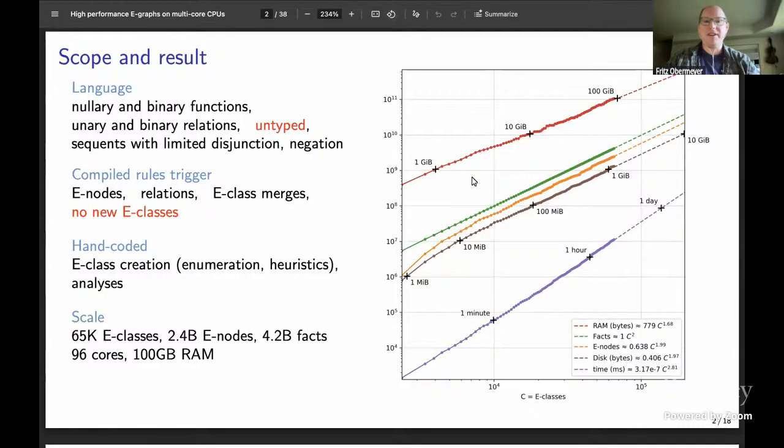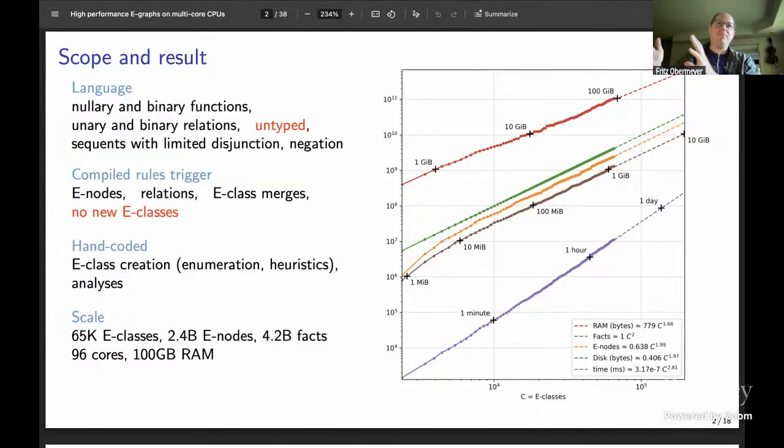Okay, so let me just start out with the limitations of this system versus egglog, to frame exactly what it does. The language I'm interested in is quite narrow. It's untyped. I think that's the biggest restriction. I'm coming at this more from group theory, like, let's see if we can generalize Todd-Coxeter and handle non-associative algebras.